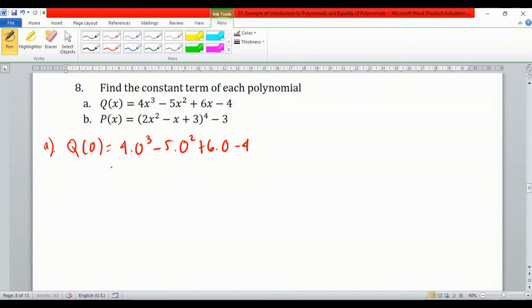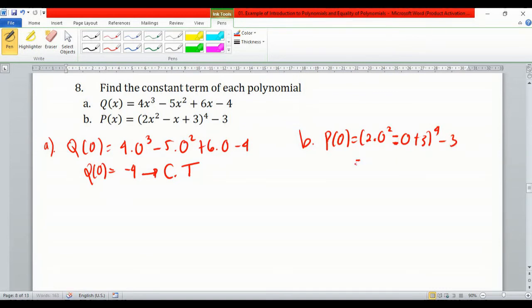So you will get Q0 is equal to minus 4. So we can say this one is the constant term, CT, yeah? So how about the B? The B is P0, it's equal to 2 times 0 squared minus 0 plus 3 power 4 minus 3.